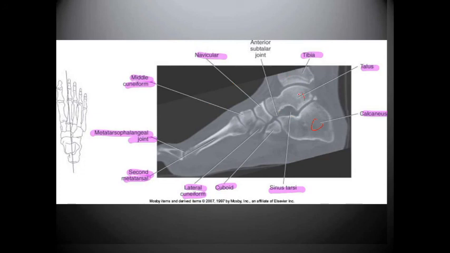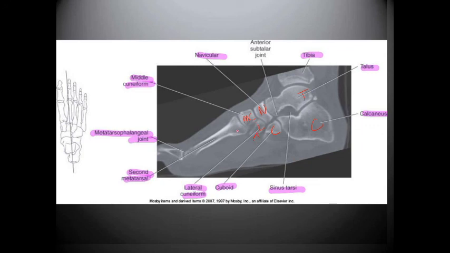Here we're going through the second metatarsal, and we have calcaneus, talus, navicular, cuboid, and so that brings us to the medial cuneiform and the intermediate or lateral cuneiform.